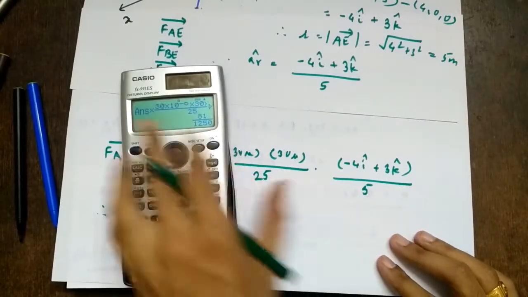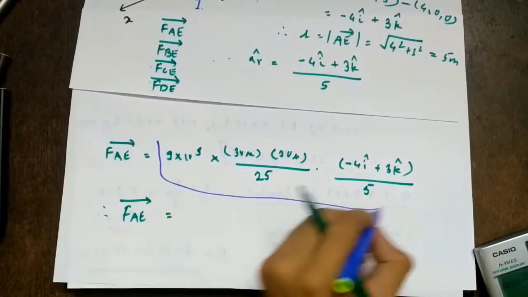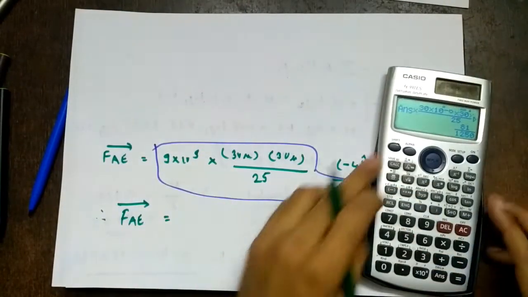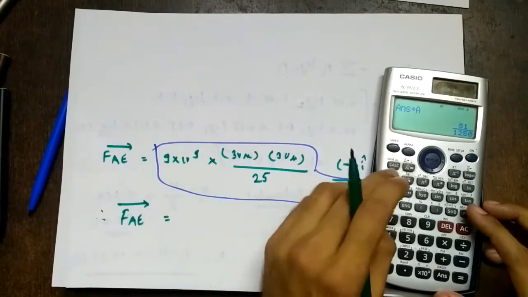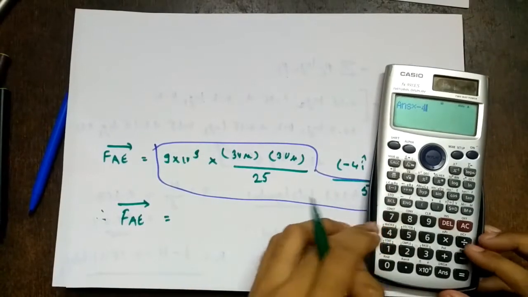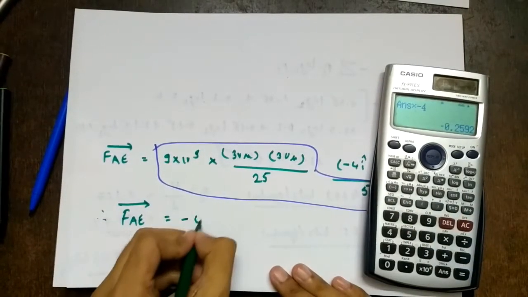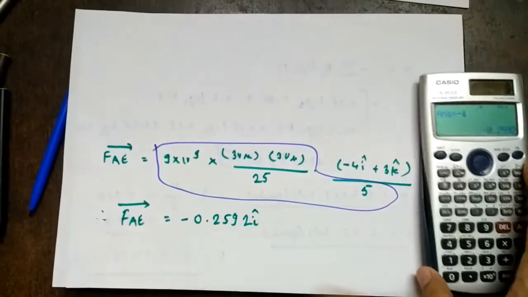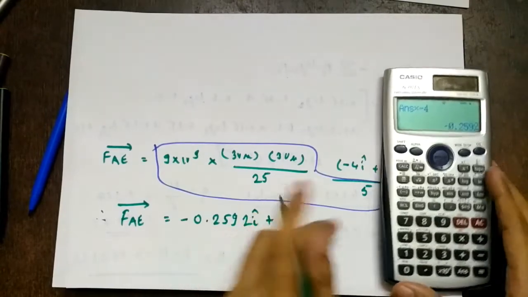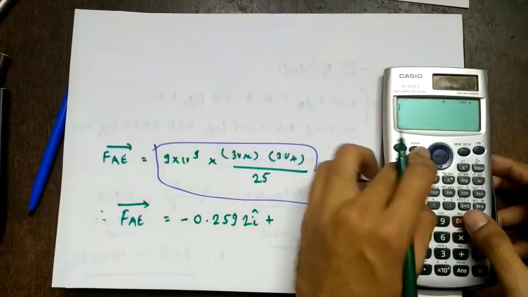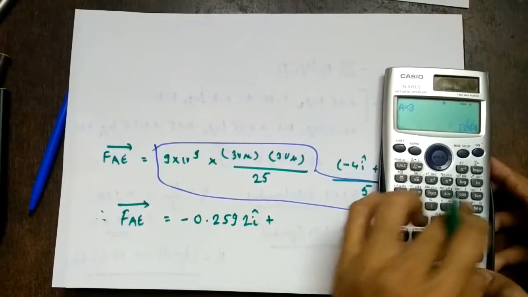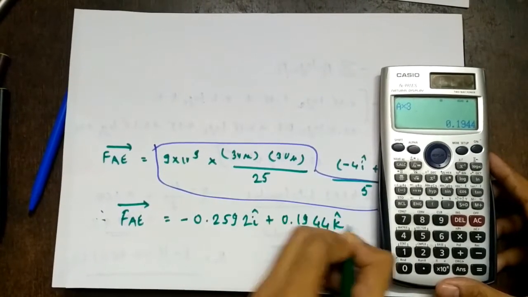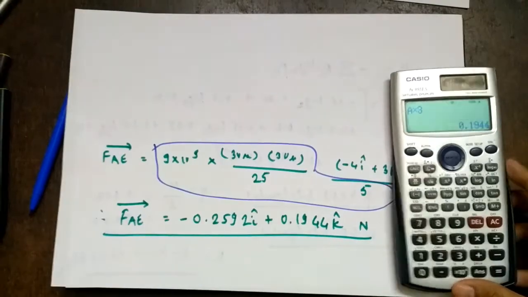Because this term is common. And let's store it in A like yesterday. So into minus 4, so minus 0.2592 i cap, plus A into 3, so 0.1944 k cap, and the unit is newton. So this is the F_AE vector.